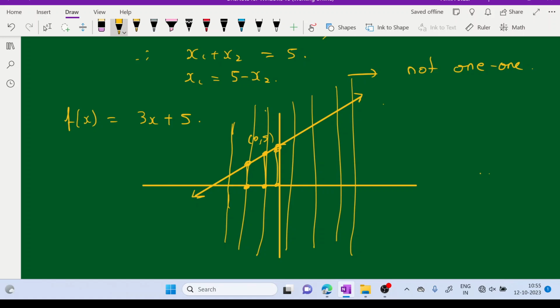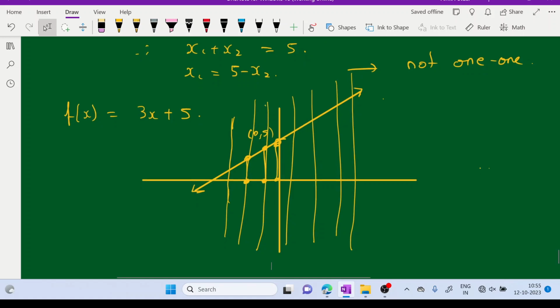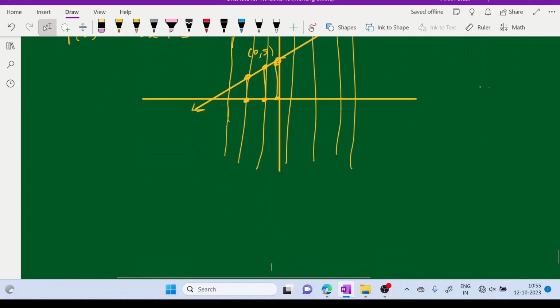Same thing goes for the second problem, 15x plus 5, a straight line. So it will also be a 1-1 function. The third one I gave you was f of x is equal to x square minus 5x plus 6.